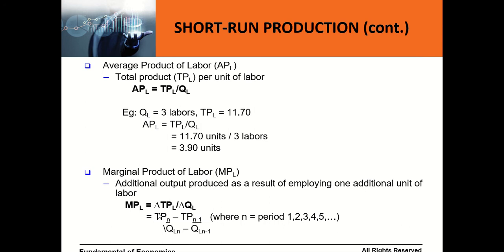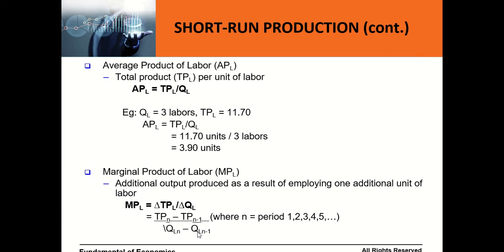Change in TP is TP new minus TP old, the new value minus the old value. How about the QL? The QL means the amount of labor new minus the amount of labor old.